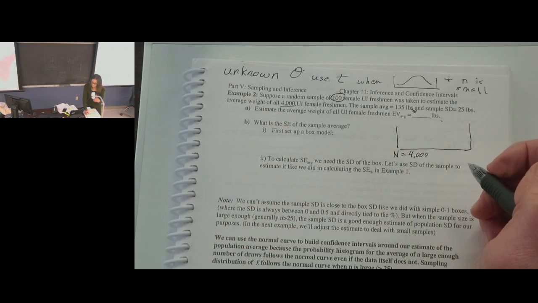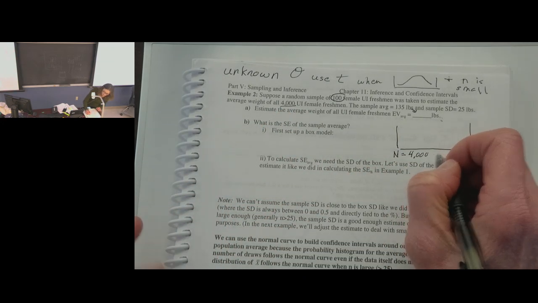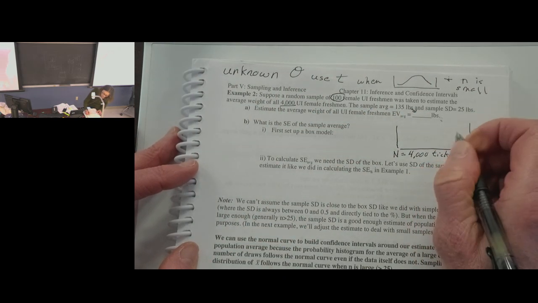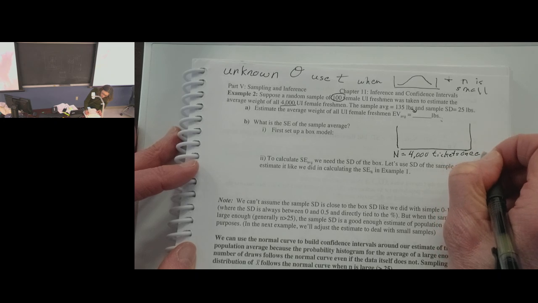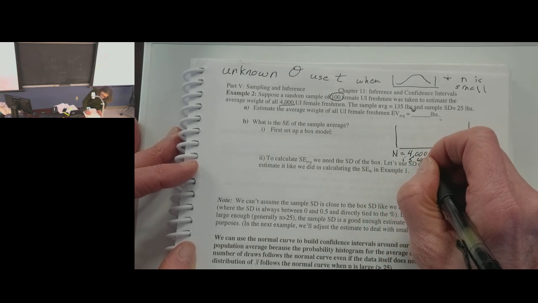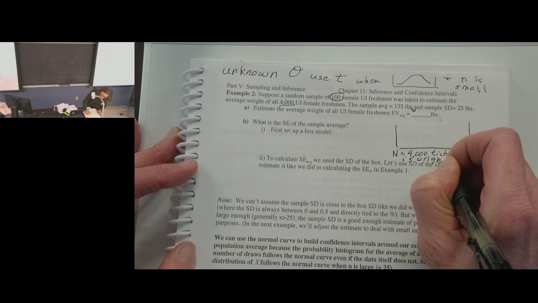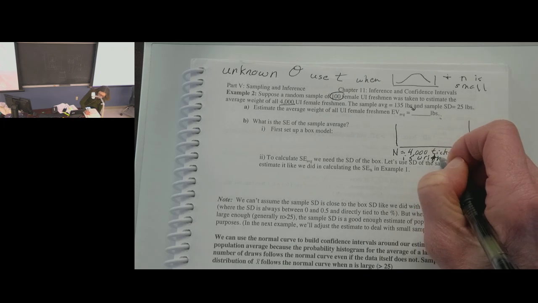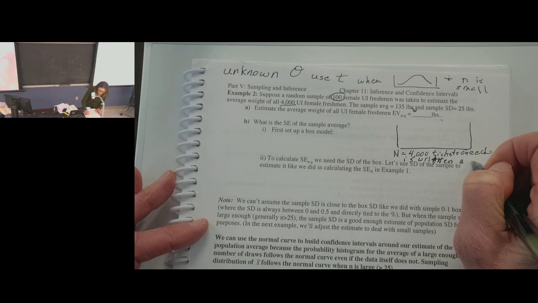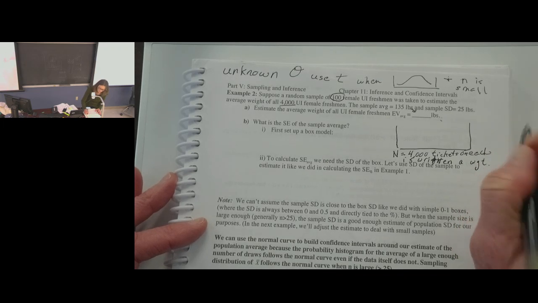Imagine that there are 4,000 tickets in our box model, and on each is written a weight in pounds, okay?